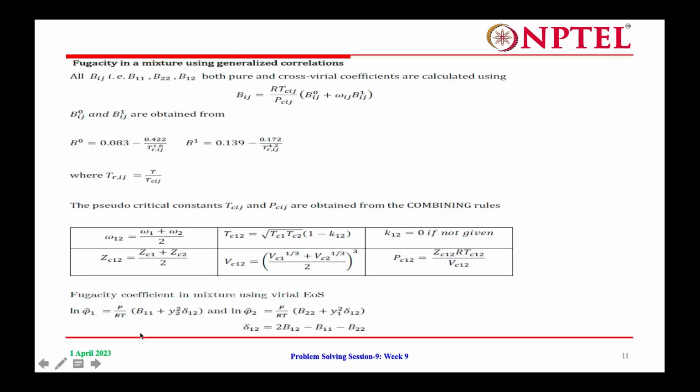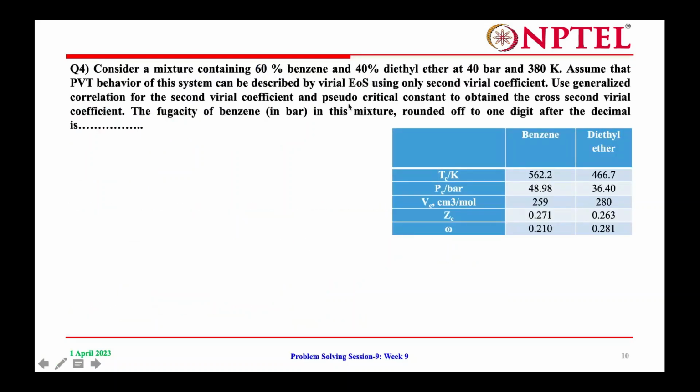Right. Now B11 and B naught ij calculated and omega ij given. So omega 11 means benzene and omega 22 for diethyl ether.